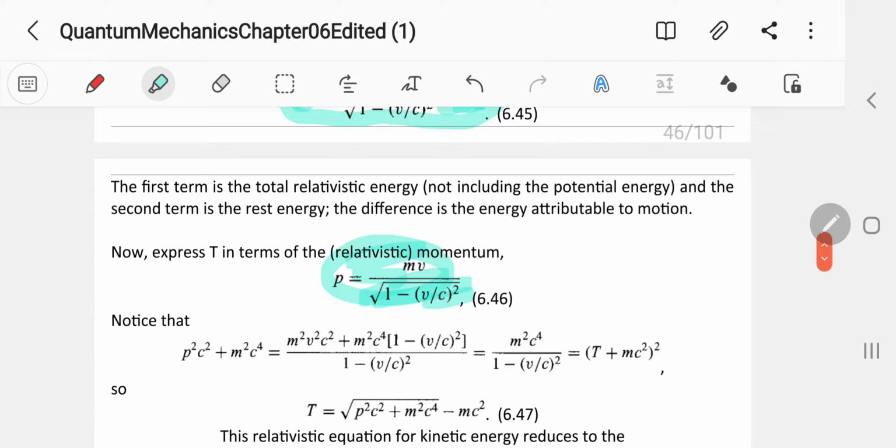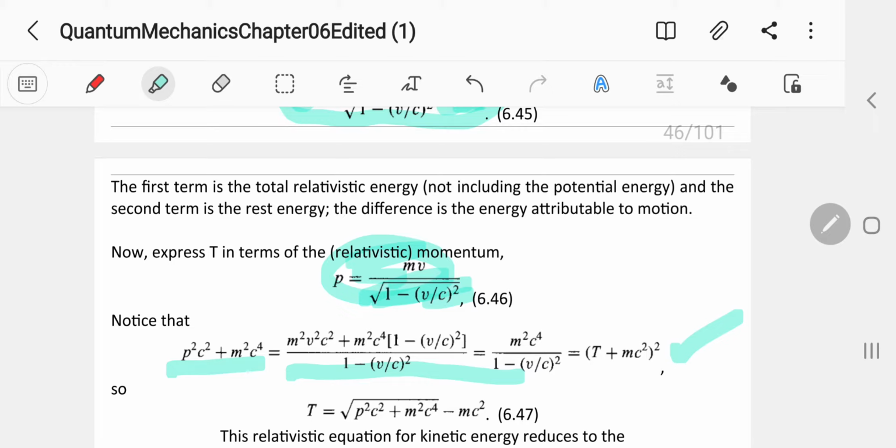So what will we do with this? If we square p and multiply by c squared, then add m squared c to the fourth, we will get this. And then of course we will get this term.